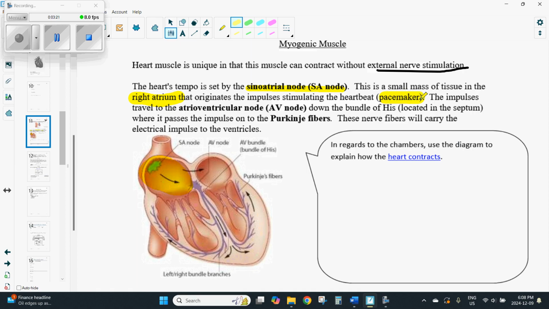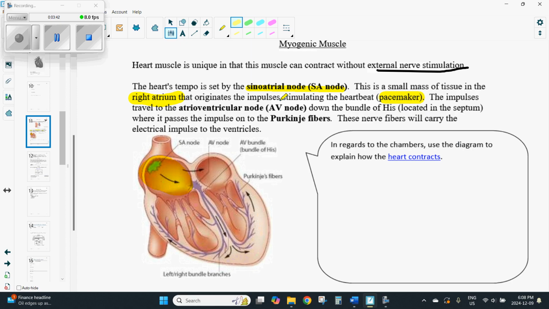I am sure you have heard of a pacemaker before in multiple videos or movies, and a pacemaker is just talking about regulating your heartbeat, which kind of makes sense because the sinoatrial node is acting as a pacemaker, regulating your heart or regulating your heartbeat.